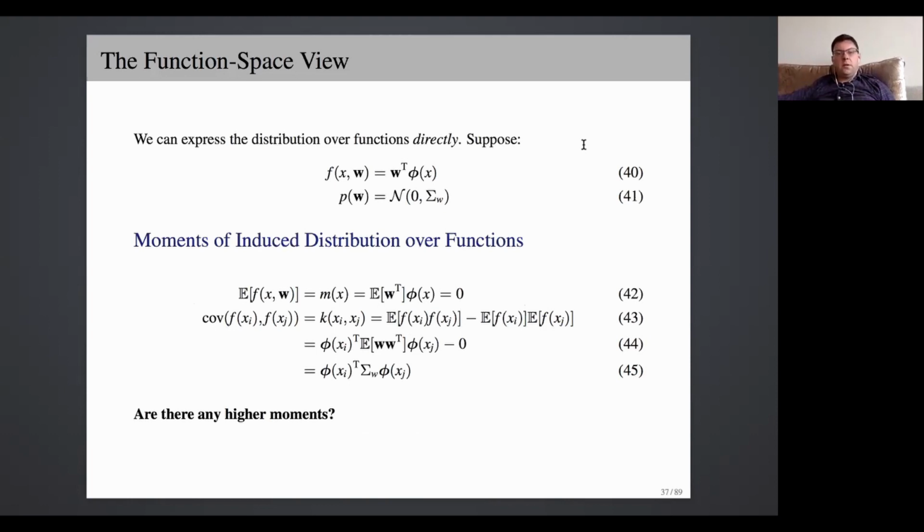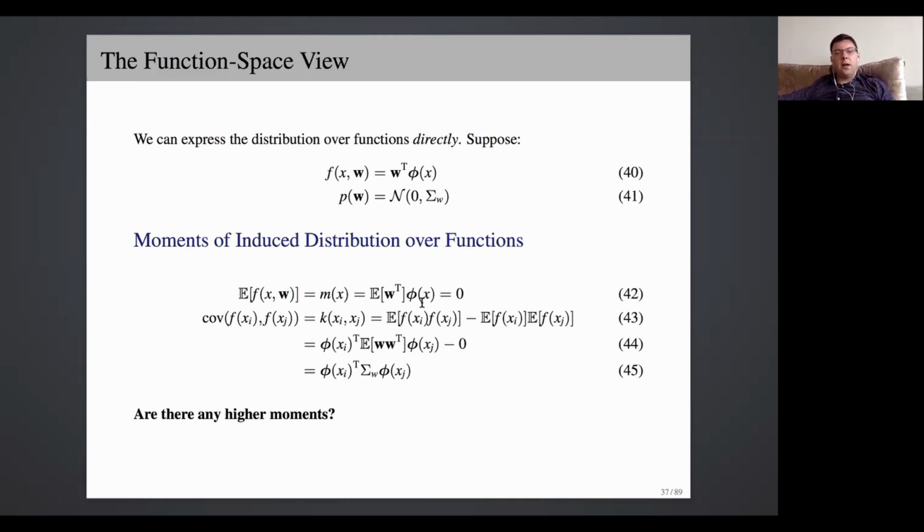So the mean function is fairly straightforward here. If we take the expectation of w transpose phi, as we said, all the randomness is coming from w, so we can pull phi out of that expectation. And the expectation of w, just by our definition in equation 41, is 0. And so we just get 0 as our mean function.